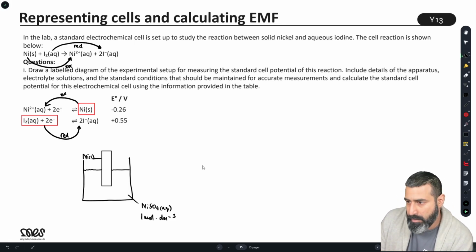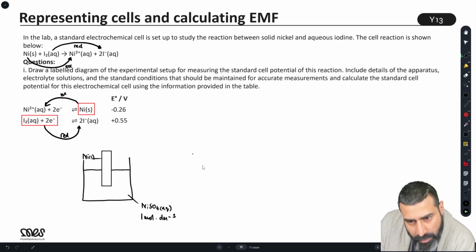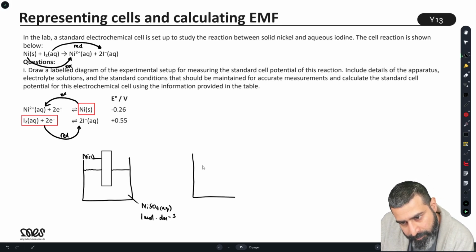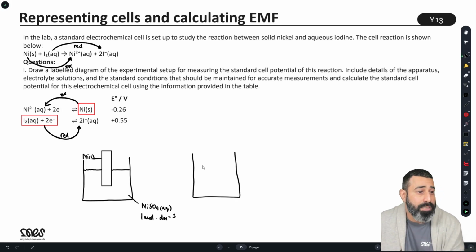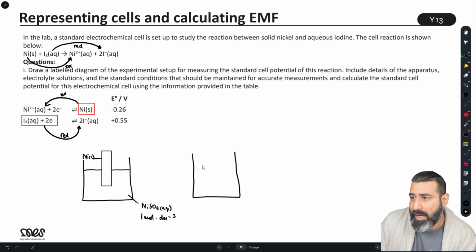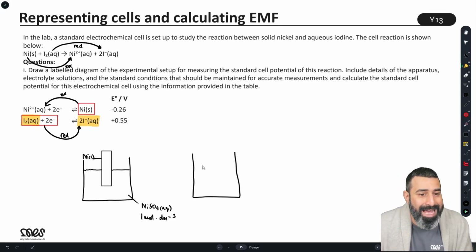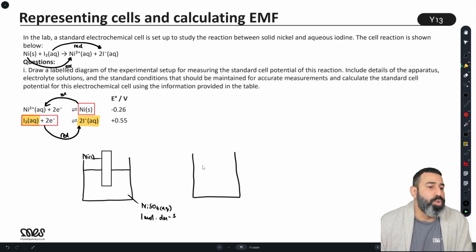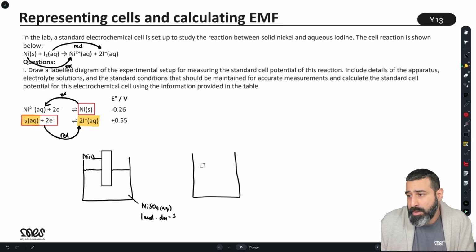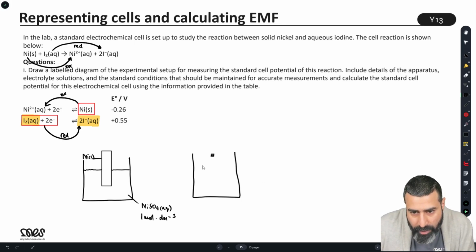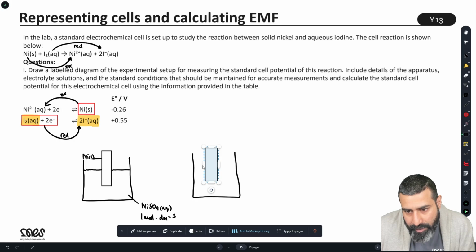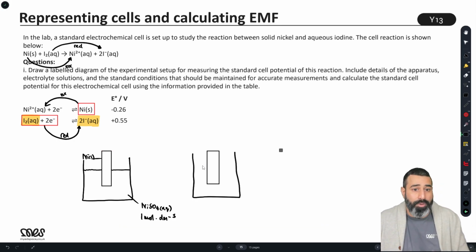Okay, and then what we're going to do is draw the other half cell, which is going to contain I2 solution. Now, have a look at this, inspect this. We've got I2 and I minus, okay, in solution. So we don't have a solid slab of I2, so we need some sort of electrode for this reaction to occur on. So we are going to use a platinum electrode, because our species are both aqueous here.